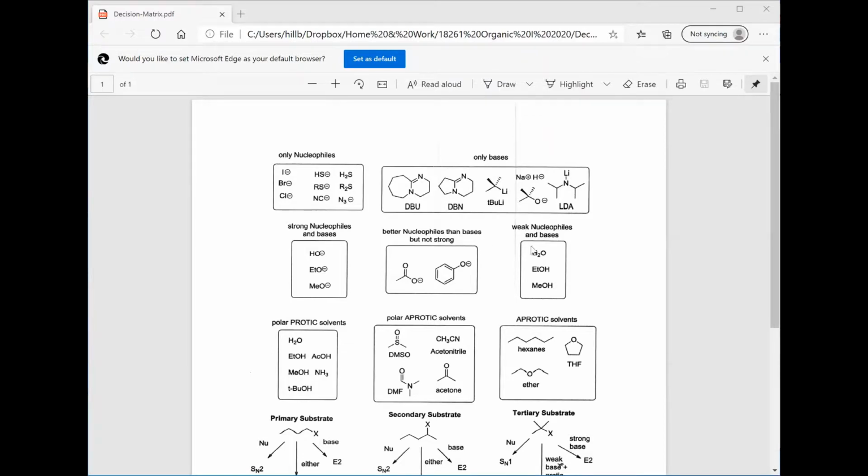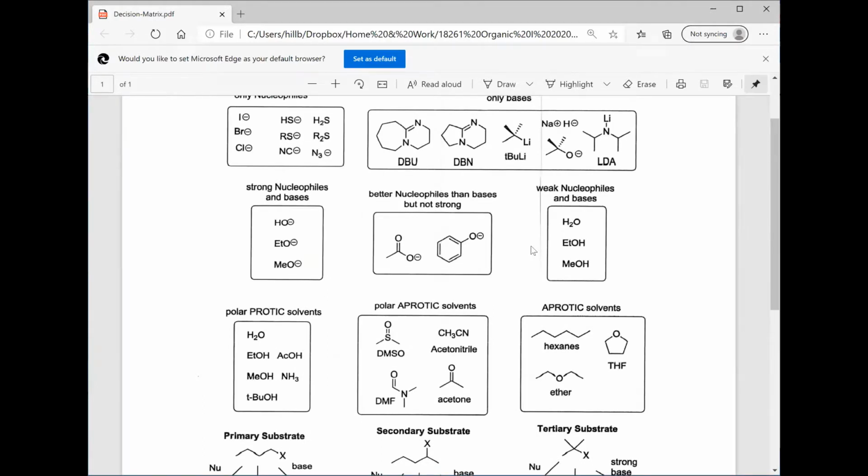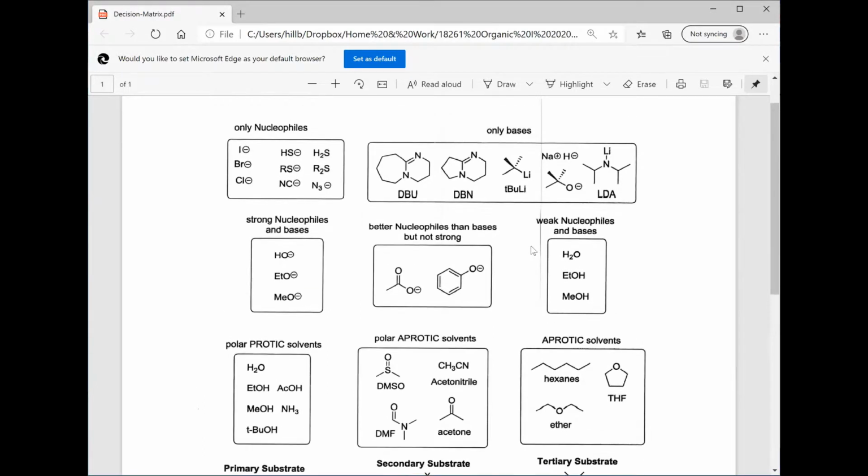Okay, so here's basically, can everyone see this? Yes, okay. So I sent this out at the end of class, sorry, just to basically give everybody a way of analyzing everything, because it really comes down to analysis here. So there are certain Lewis bases that can only behave as nucleophiles, at least for what we're doing in this class.